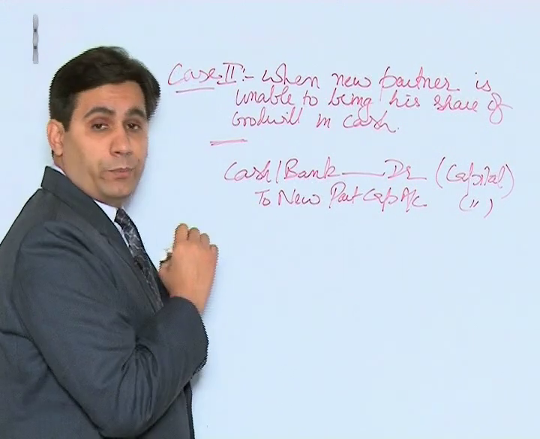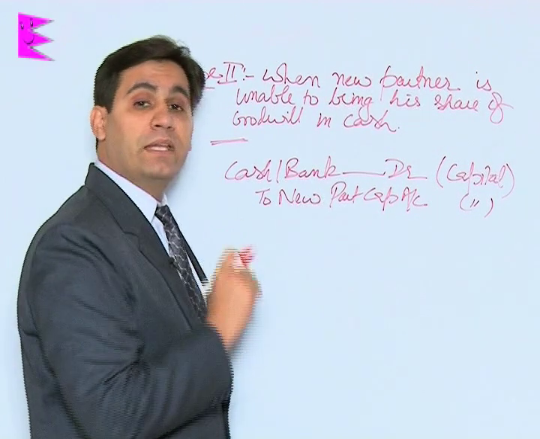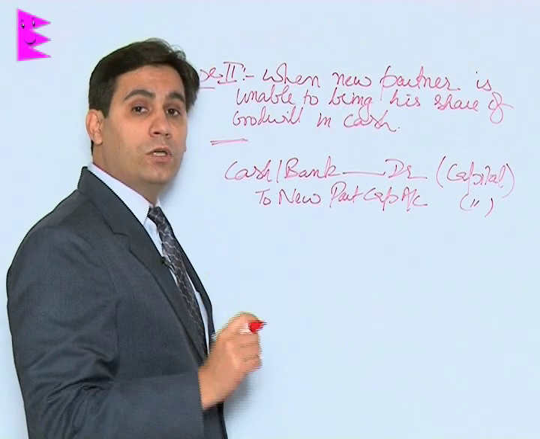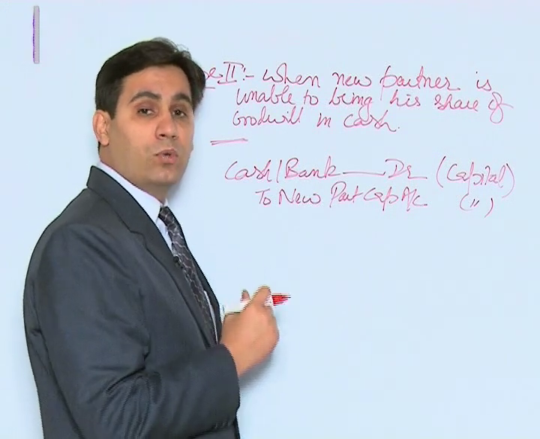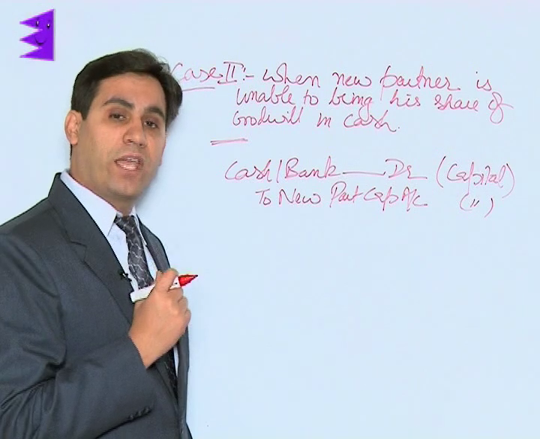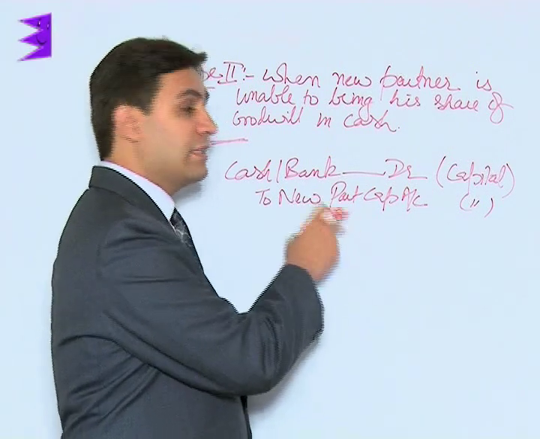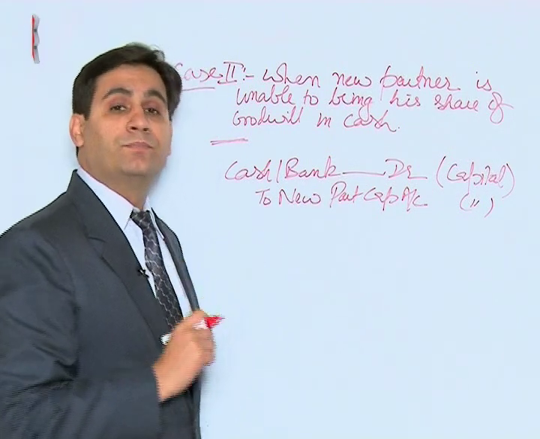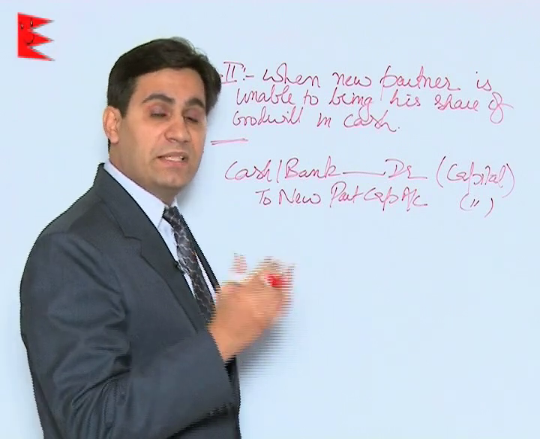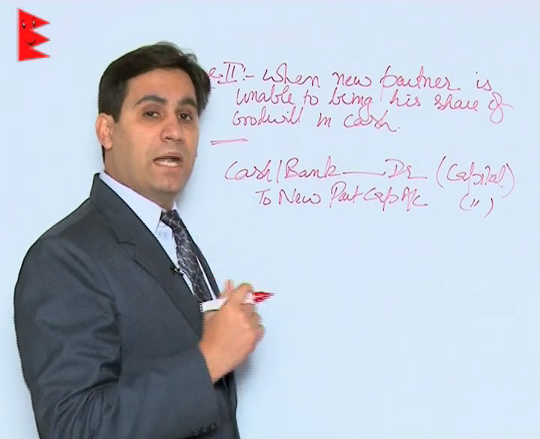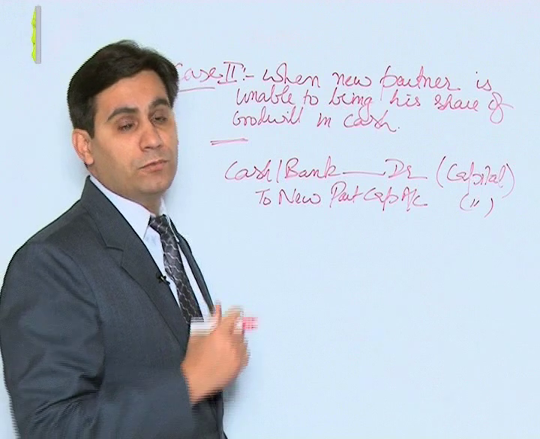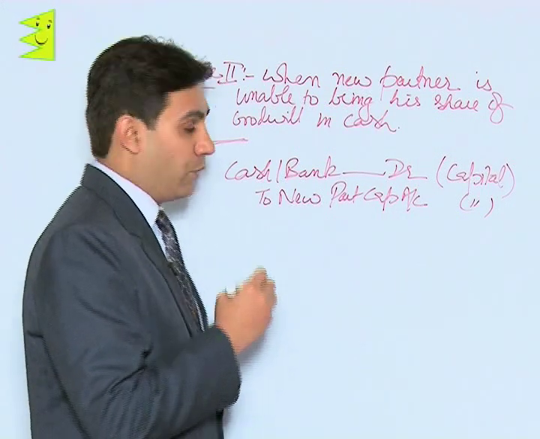What about goodwill now? Since he is not bringing any goodwill, the old partners will take out their respective shares out of his capital. That means the new partner will still be compensating the old partners, but this compensation would be paid to them through his capital account.